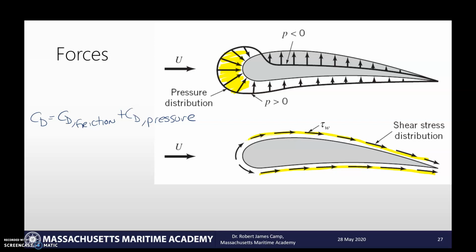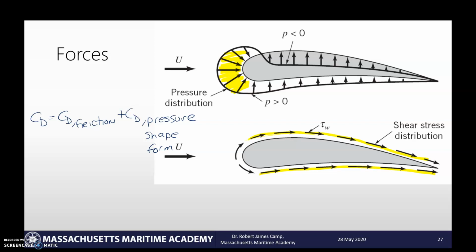Because if you take a look at this, the more and more streamlined we make this, the closer we get to a flat plate, that pressure drag is going to drop off like crazy. And so it's really going to be the shape, or the form, that drives that. So pressure drag, shape drag, form drag, all the same thing. All of those mean the same. And then the friction, it's friction.